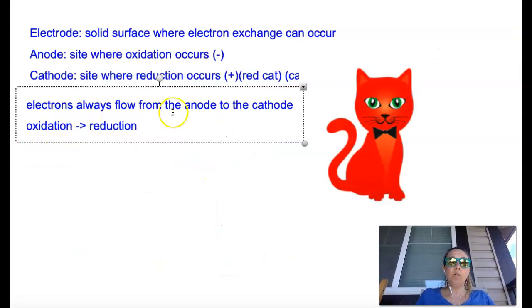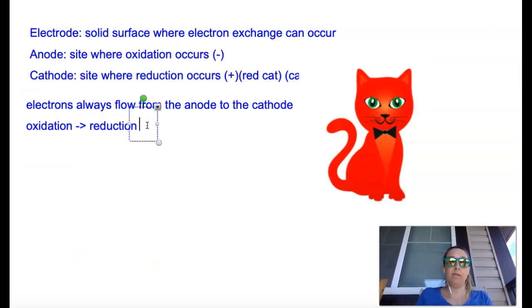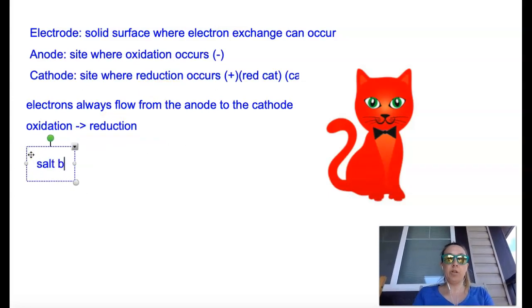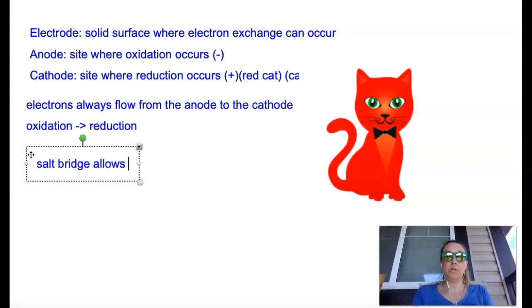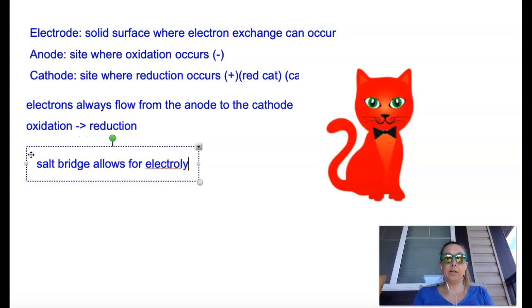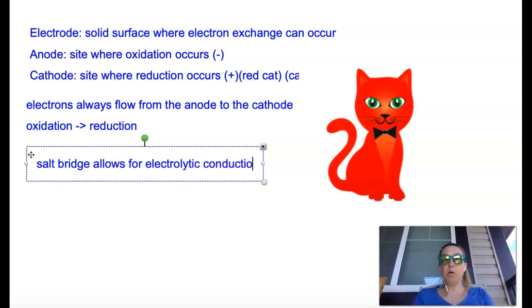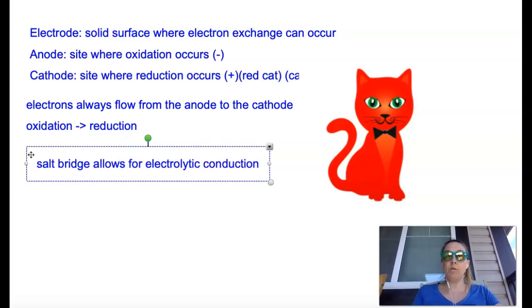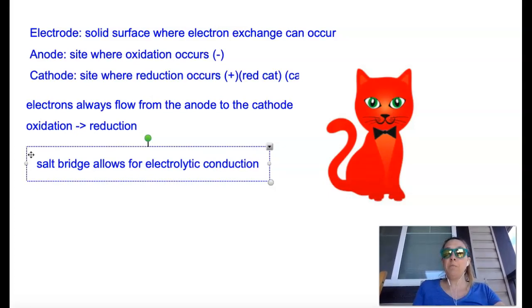What that salt bridge does, or the purpose of the salt bridge, is that it allows for electrolytic conduction, right? That's why we call it a salt bridge, because we put an ionic salt into it and it's able to conduct that electricity. Because it's able to conduct electricity, it's able to complete the circuit so that we have a complete flow of charge.